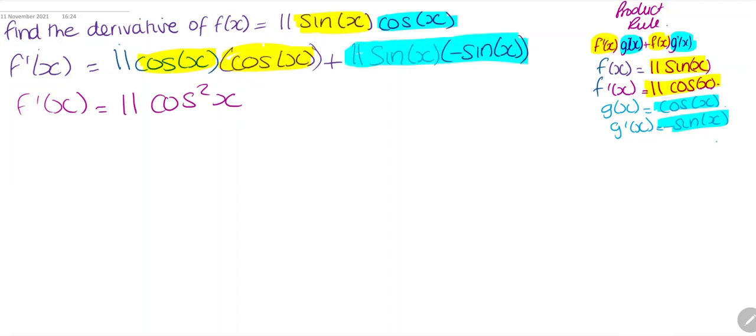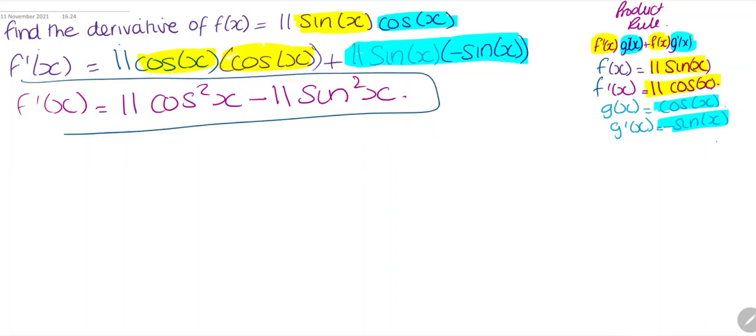And we've got 11. But then we've got sine of x multiplied by sine of x. So this is going to be minus 11 multiplied by sine squared of x. And here is our derivative.